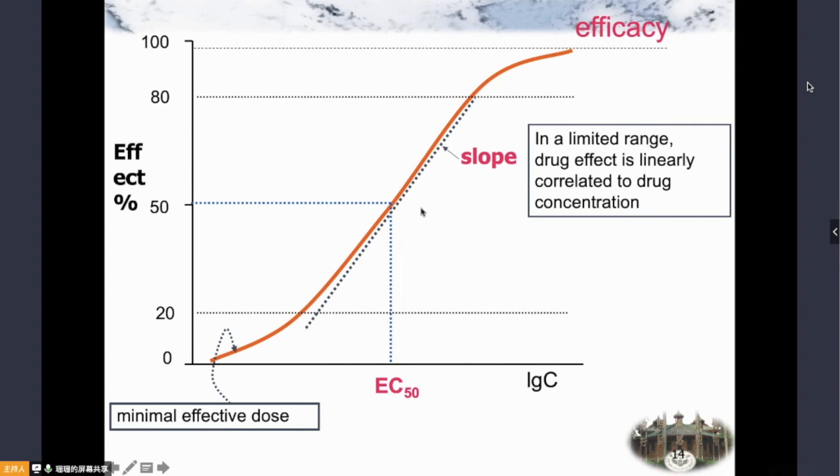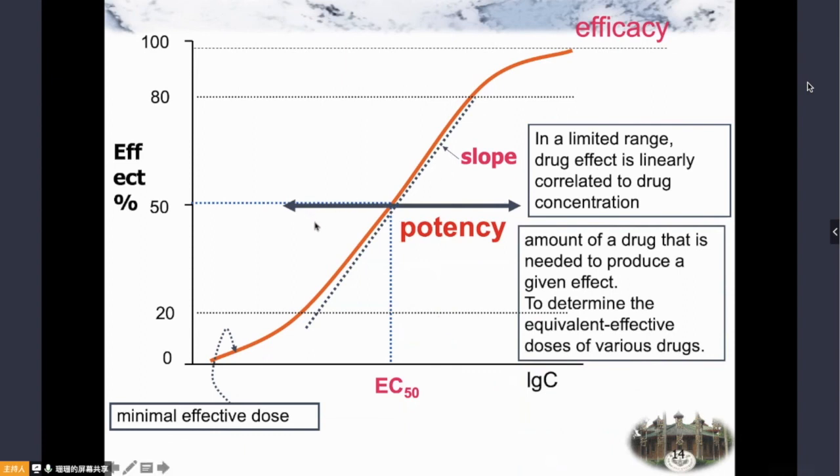The slope of the curve means in a limited range, about 20% to 80% of the effect, the drug effect is linearly correlated to drug concentration.